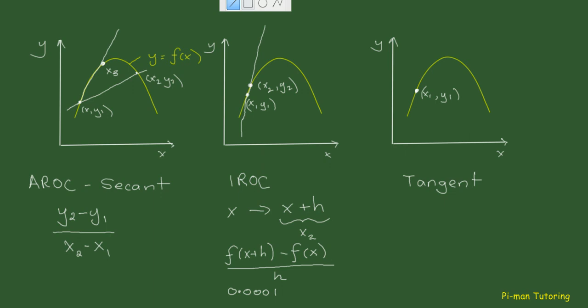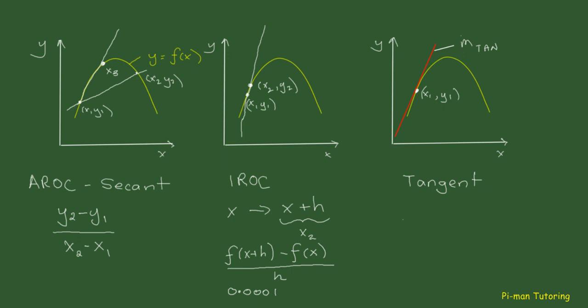So we're trying to just touch the curve at one point and one point only, and that is the tangent. And the slope of this line we call m tan, the slope of the tangent, and that's the true rate of change of the function at x1, y1.